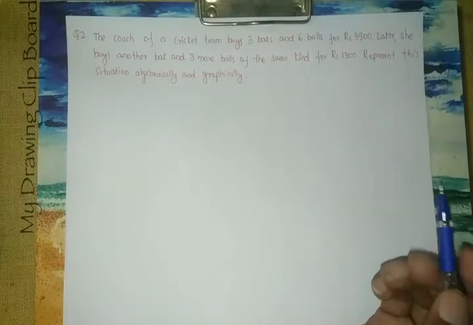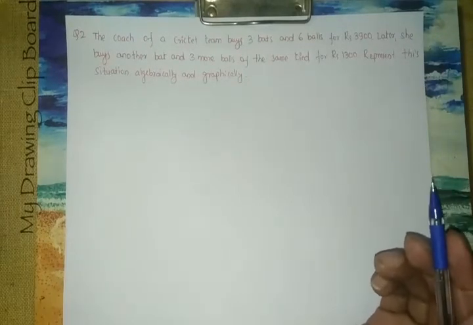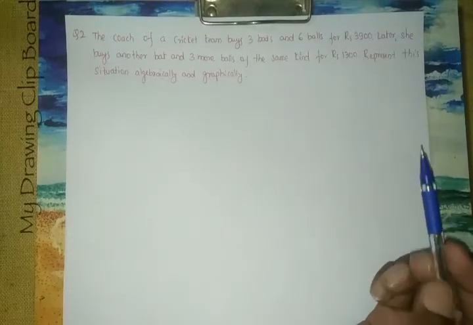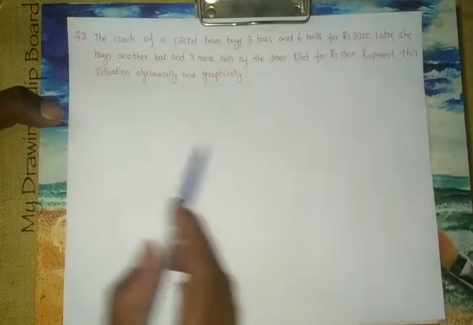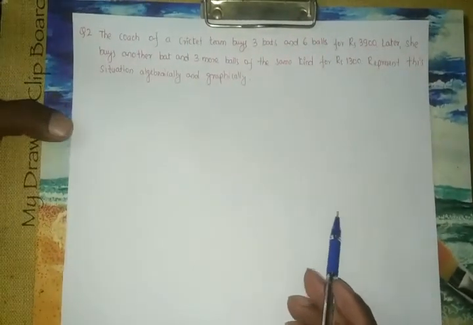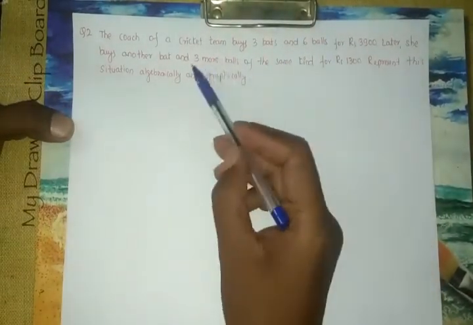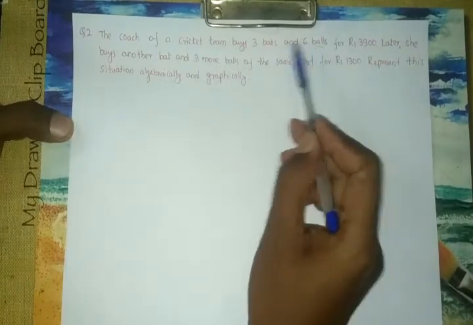Okay, so as we have solved the previous numerical, here we need to identify which are the variables. If you read the question carefully, you will come to know that the variables are bat and ball.